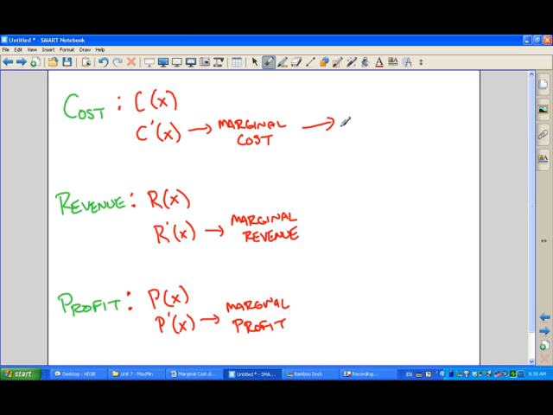Cost is in dollars per item made. Marginal cost is in dollars per items made. Marginal revenue is dollars per item sold. Marginal profit also dollars per items sold.